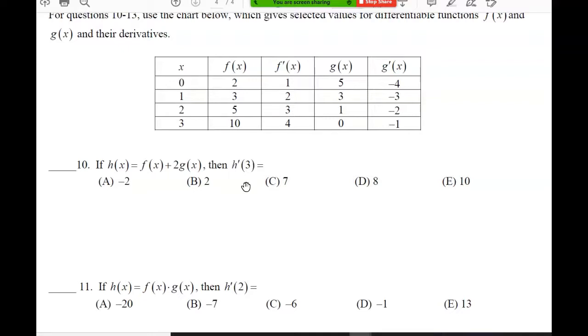So h prime of 3 would be f prime of 3 plus 2 times g prime of 3. In this case, you would go to your chart. f prime at 3 is 4 plus 2 times g prime at 3, which is negative 1. So you have 4 plus 2 times negative 1, which is really 4 minus 2. So we get 2, which is letter choice B.